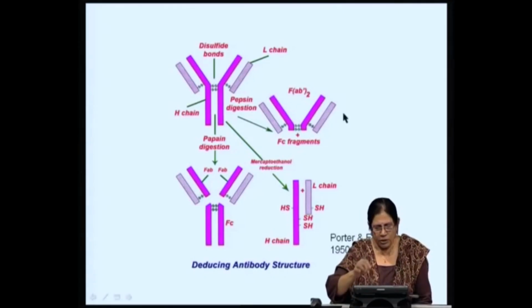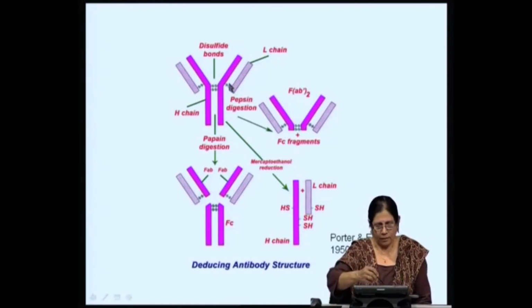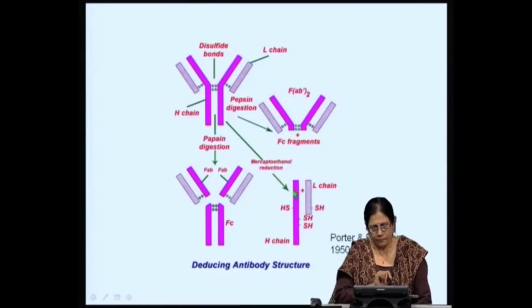this picture here shows the results of two of the major experiments. One, where they took the antibody molecule, immunoglobulin, and reduced the disulfide bonds with mercaptoethanol. Always this resulted in identification of two bands, which they called heavy and light.